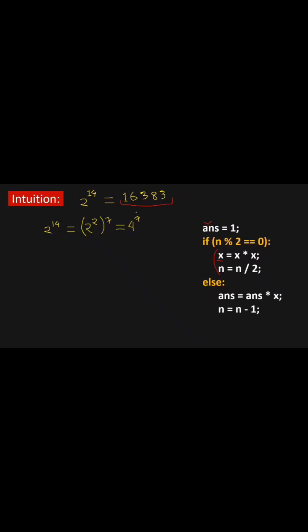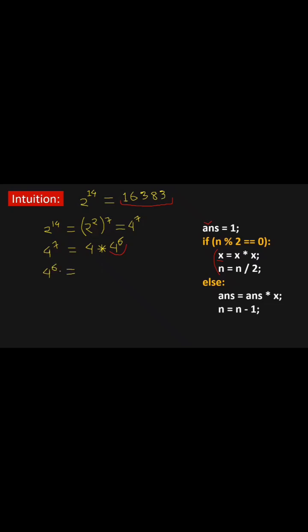Okay, then we found 4 to the power 7. Now let's find out the value for 4 to the power 7. Since 7 is not divisible by 2, we'll apply this formula: answer equals answer times x. So 4 times 4 to the power 6, and here n equals n minus 1, so we subtracted 1 from 7. Now let's find out the value for 4 to the power 6.